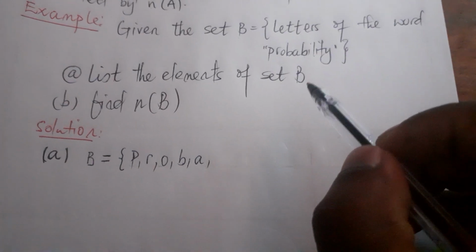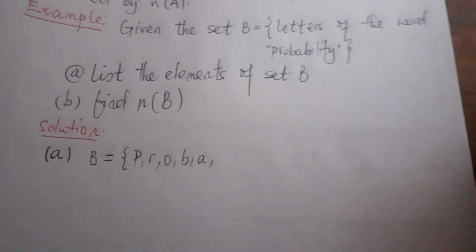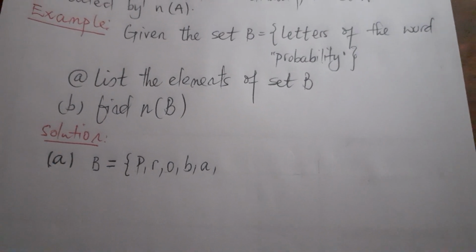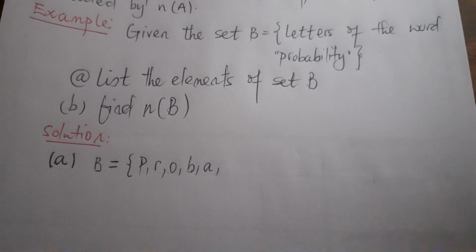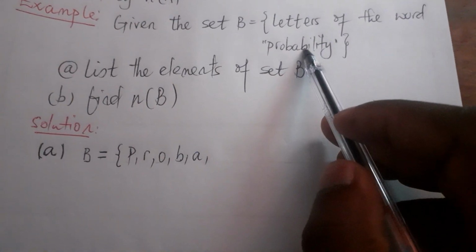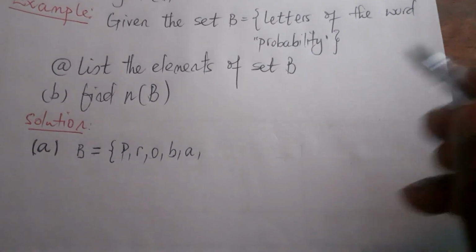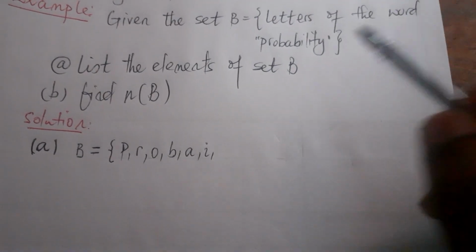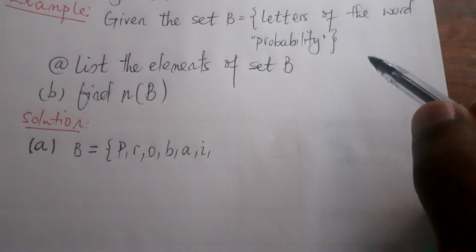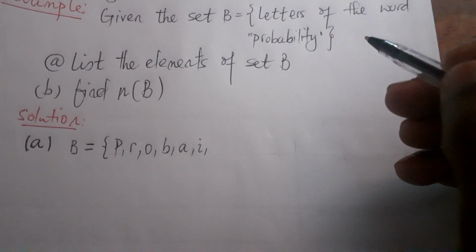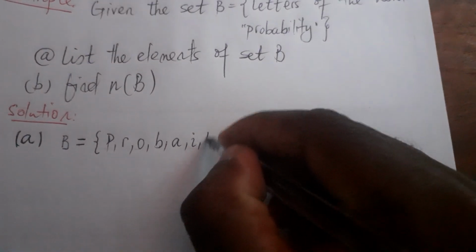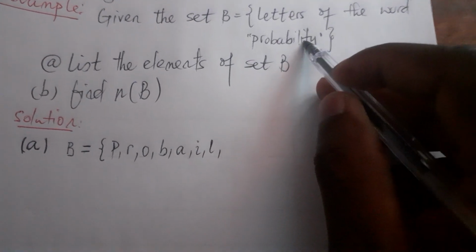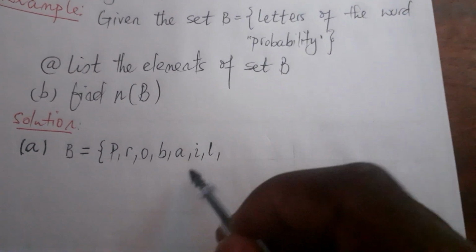When we talk of sets, identical items or identical numbers or symbols, we do not repeat them. You only write one. Therefore, we are going to skip that B and then we move on to the following letter, which is I. And then comma, and then we have L, and then comma, and then we have I, which we don't need to write because we have written it already.